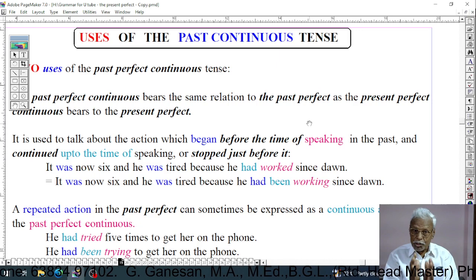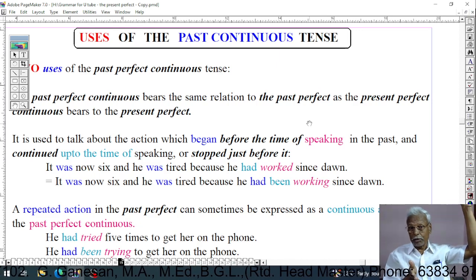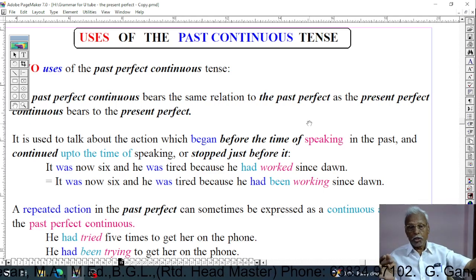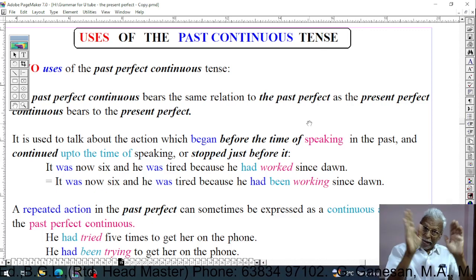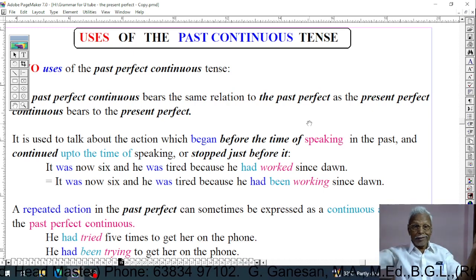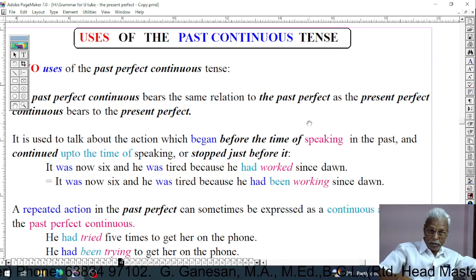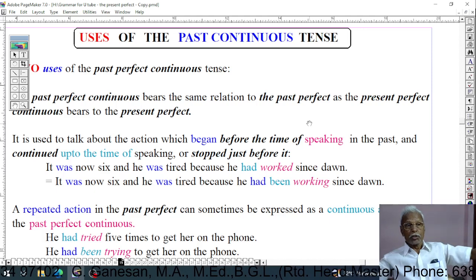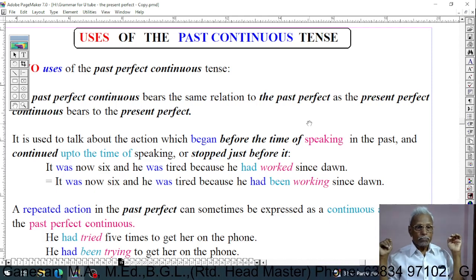In such a way, when an action happened in the past and got terminated at a particular point, that action should be expressed using past perfect. But if that action went on continuously for some time, then it should be expressed using past perfect continuous tense.